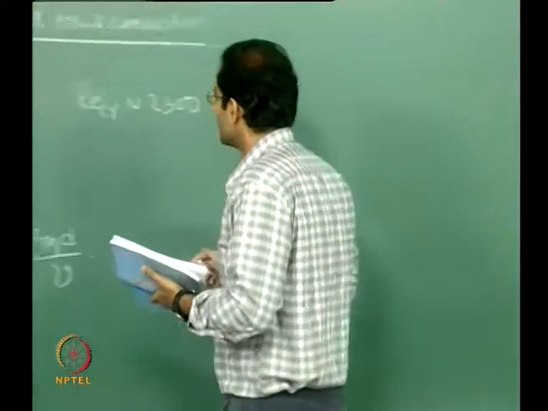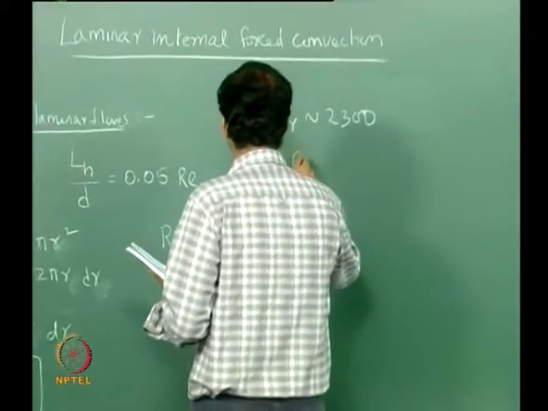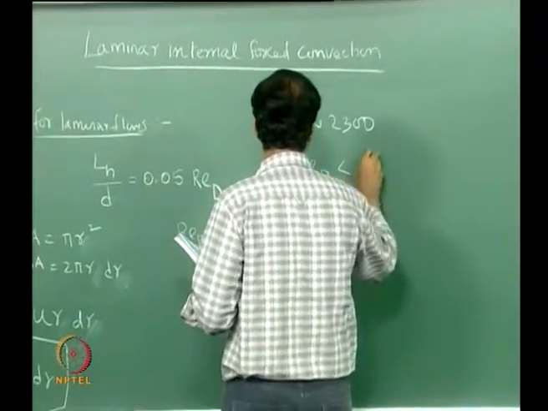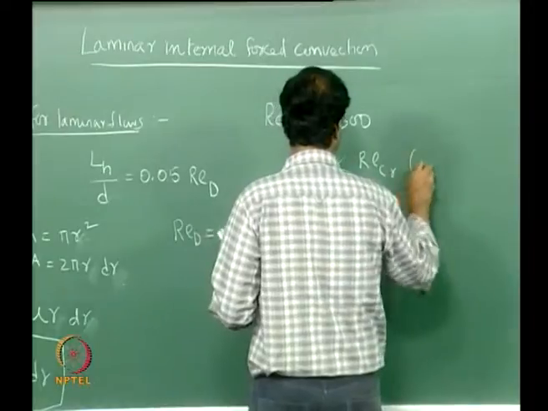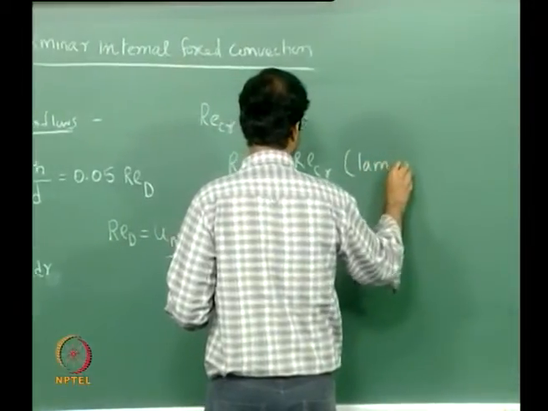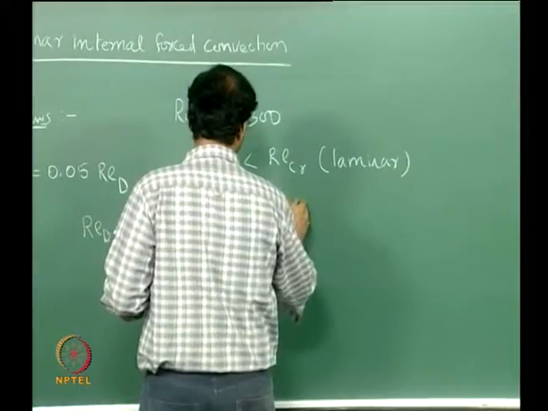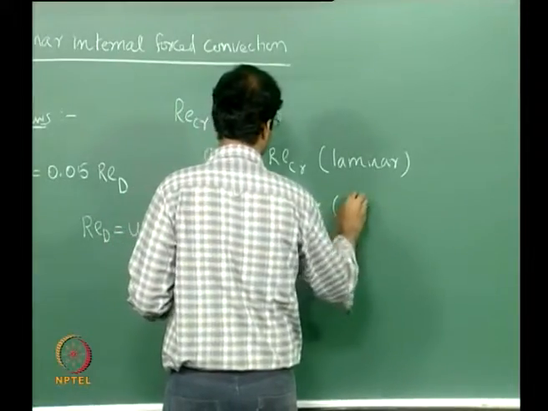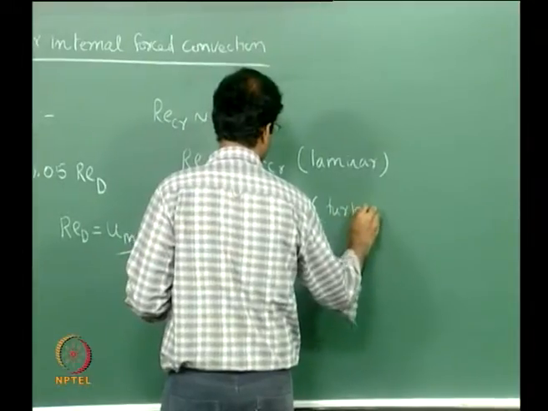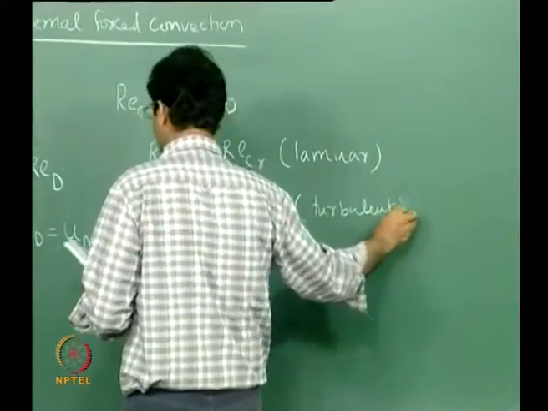So if Re_D is less than Re critical, this is an approximate thumb rule for classifying the flow as laminar. Otherwise, you can look at either a transition regime or a turbulent regime.